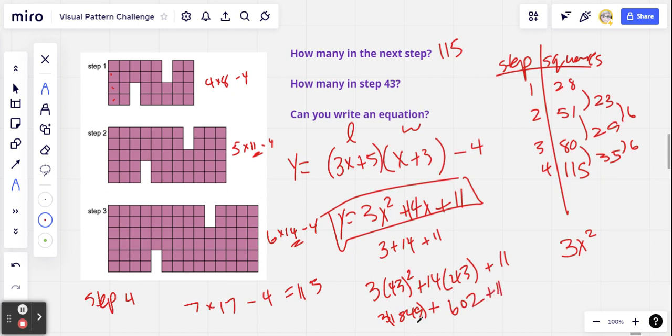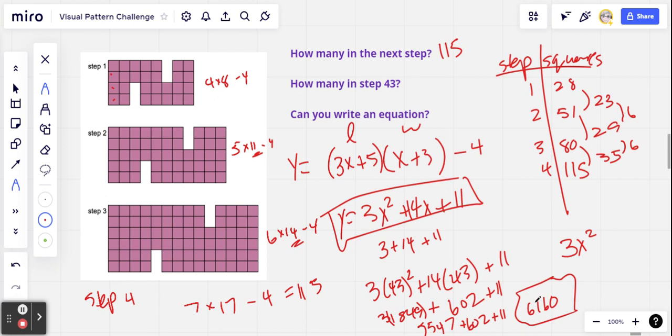And the 1849 times 3, that is going to be 5,547. Okay, plus the 602 plus 11. What does that come out to? 6160, I think. Double check that for me, add those numbers up, make sure I did that right, but I think we're going to get 6,160 squares in step 43.